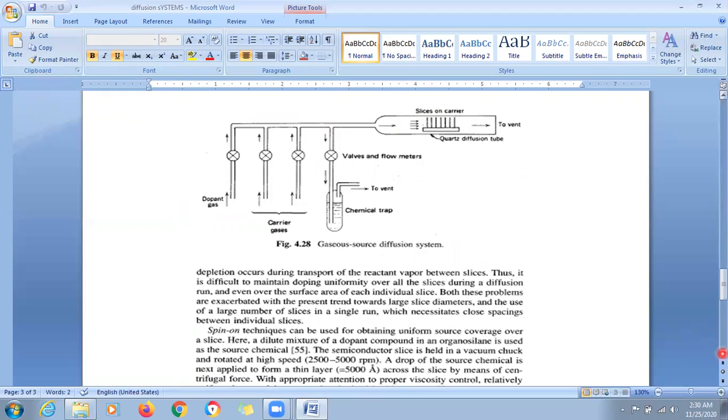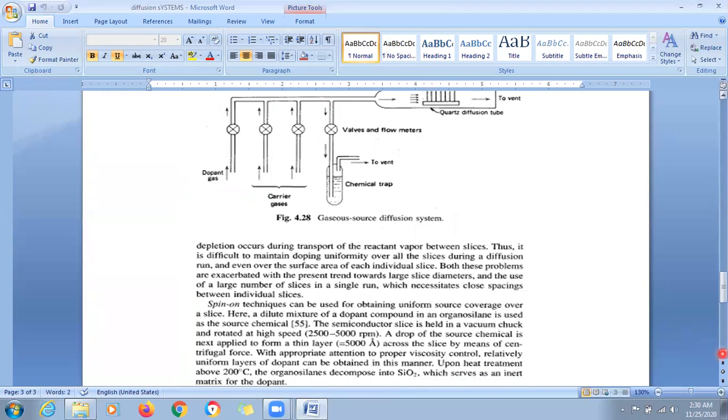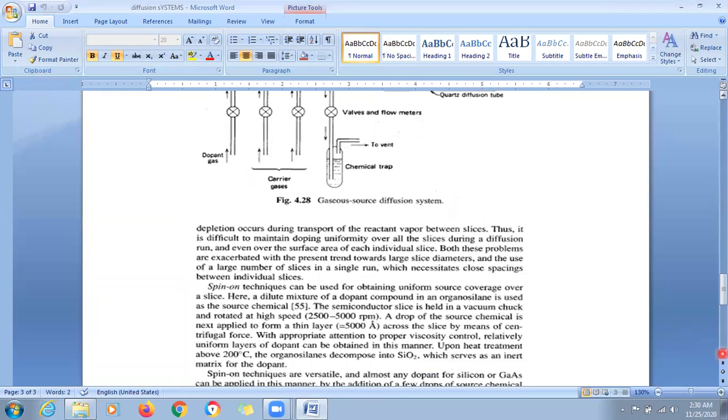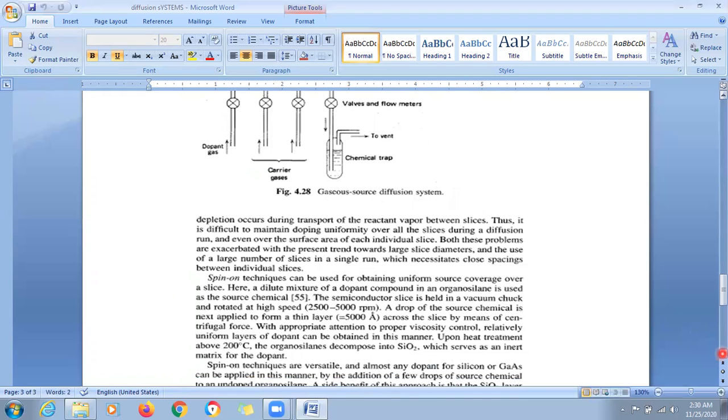Another technique that can also be used in addition to these is the spin-on technique. Spin-on technique can be used for obtaining uniform source coverage over a slice.